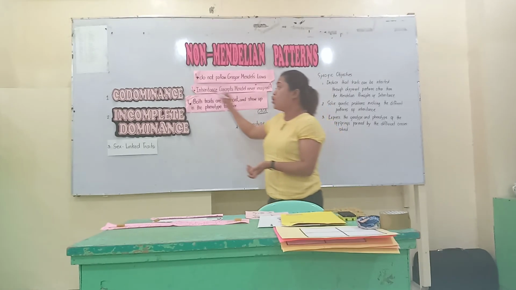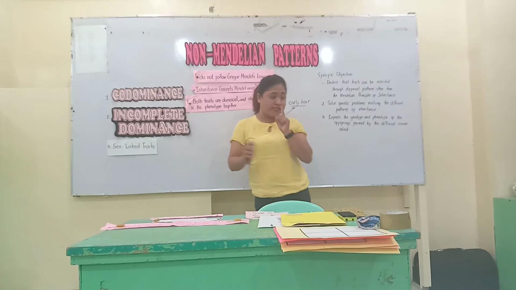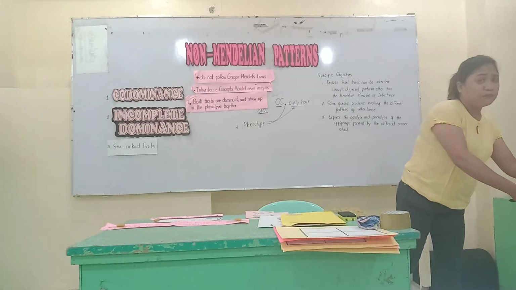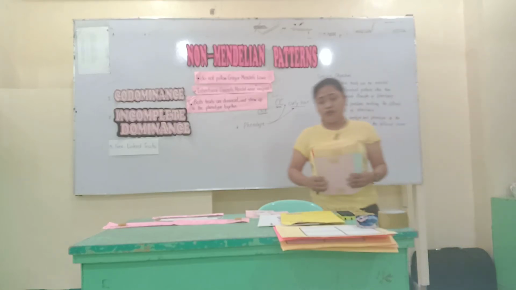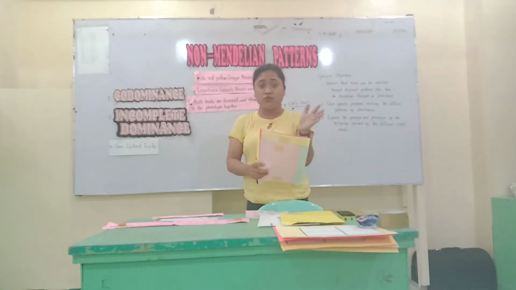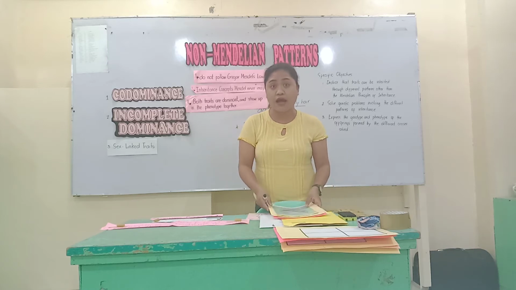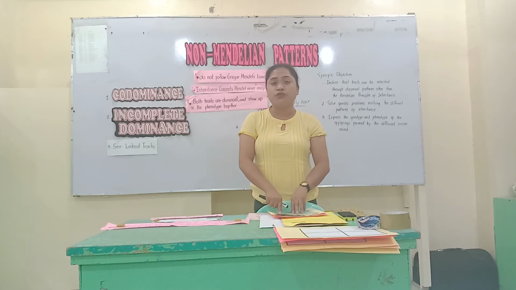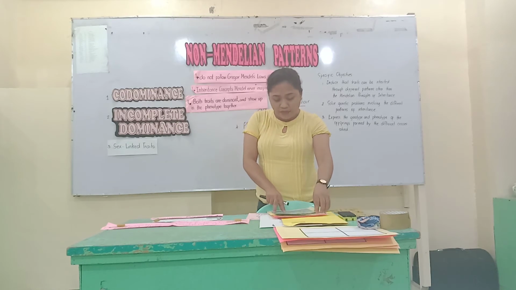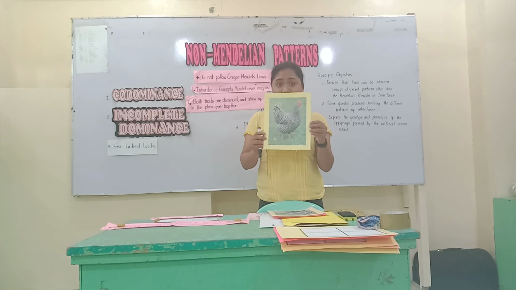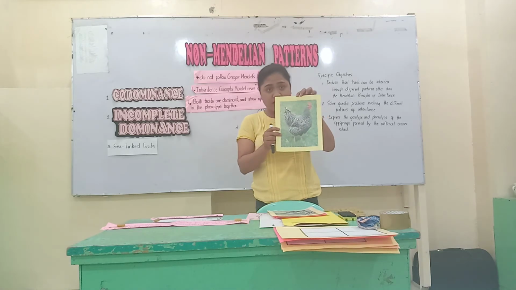For example, if you breed a black chicken and a white chicken, what could their offsprings be? This is for codominance. The offsprings will look like this one. Can you see the chicken?